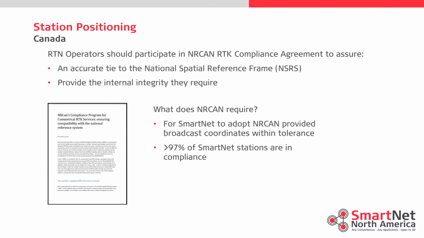And so as we're updating the US coordinates, we're also taking this opportunity to update to the most current solution in Canada as well, so that we are in complete compliance.